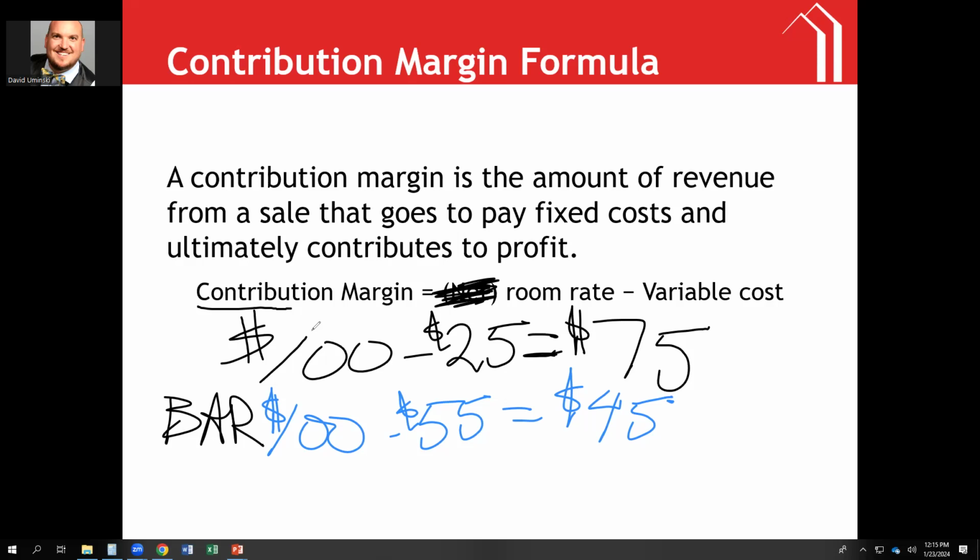DoorDash, right? All of those food delivery apps became very popular during the pandemic. And about two to three months in, there's this big article in the San Antonio Report. Oh my gosh, these apps are killing all of these local mom and pop restaurants. They can't keep up with the fees.